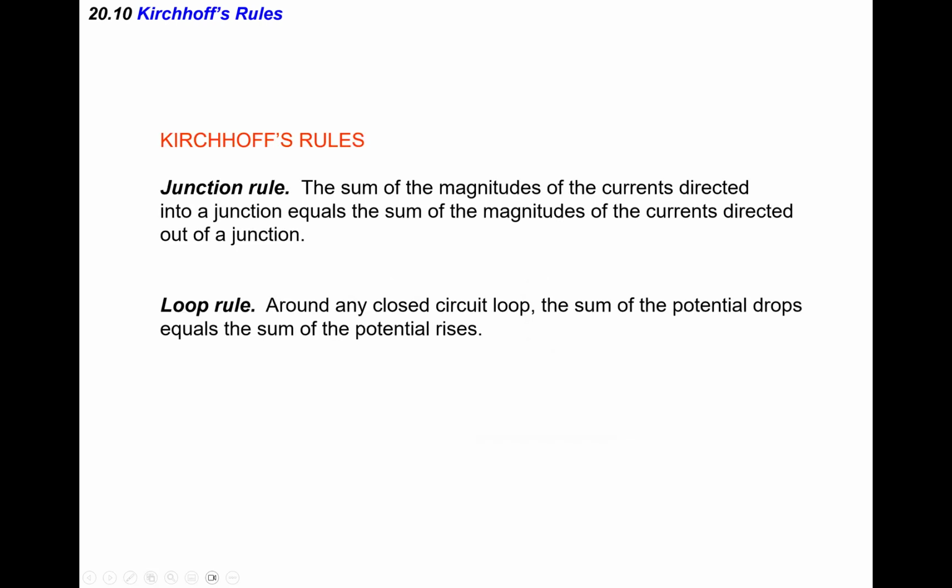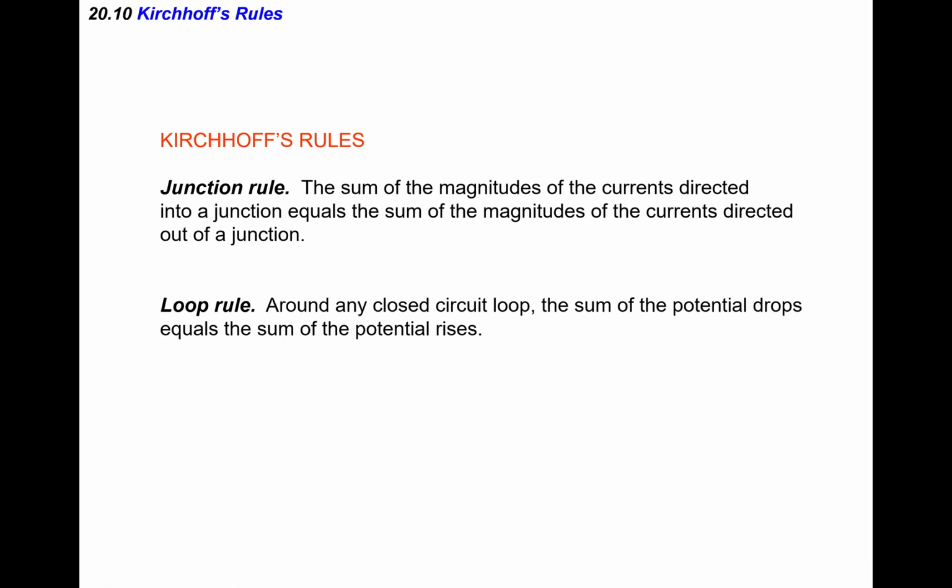So the junction rule tells you the sum of the magnitude of the current directed into a junction equals the sum of the magnitude of the current directed out of the junction. And the loop rule is that around any closed circuit loop, the sum of the potential drops equals the sum of the potential rises.